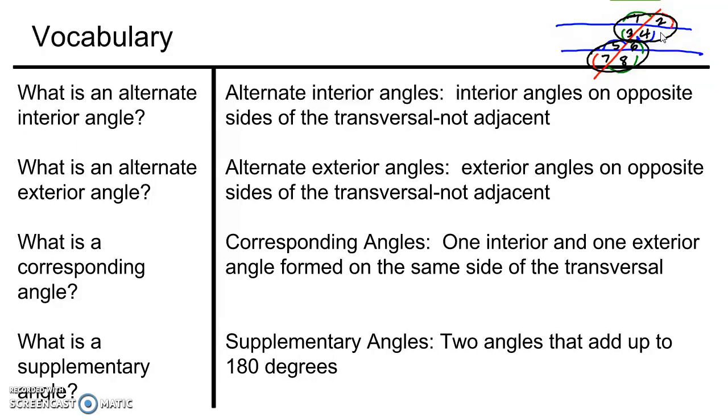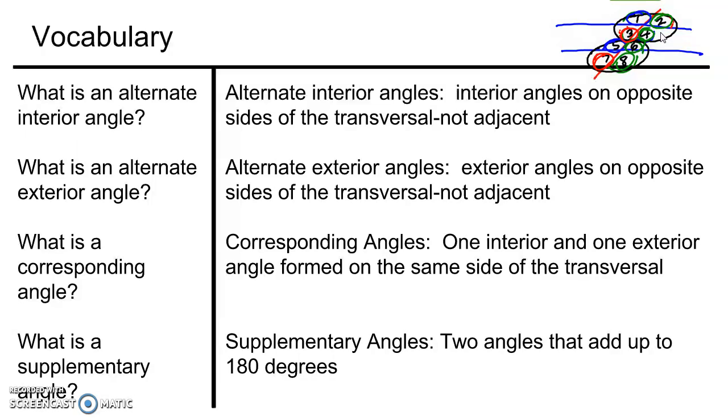So we would have 1 with 5, we would have 2 with 6, we would have 3 with 7, and then we would have 4 with 8. So they're 1 interior and 1 exterior angle formed on the same side of the transversal. They're kind of like in the same location, just on the different parallel lines.